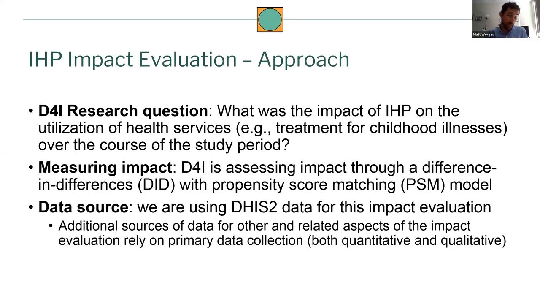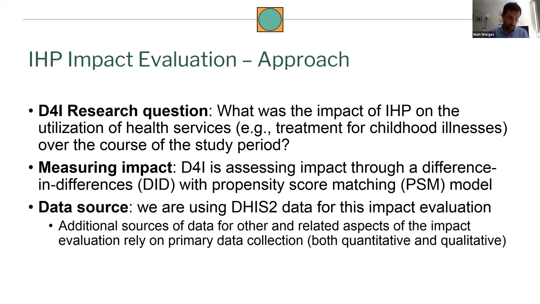What was the impact of the IHP on the utilization of health services over the course of the study period? As an example, did clinic attendance for treatment of certain childhood illnesses increase or decrease relative to non-intervention sites as a result of the work that the IHP is doing? So the analysis approach the D4I team settled on was a difference in differences with propensity score matching model. And of course, we use DHIS2 data for this analysis.